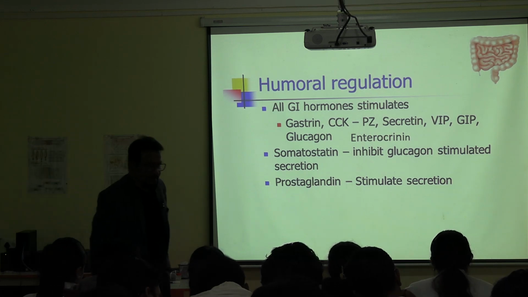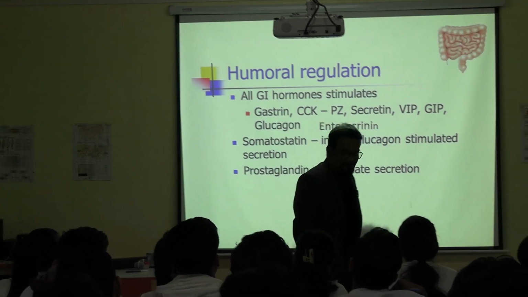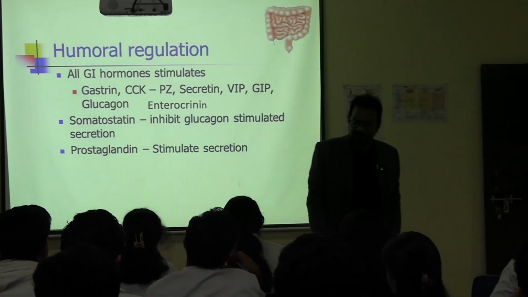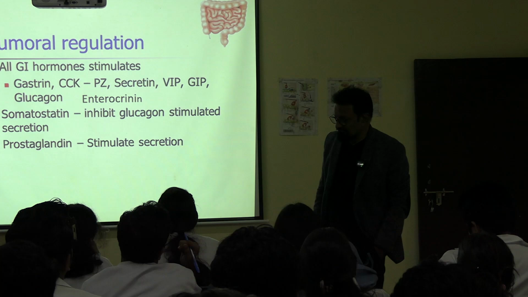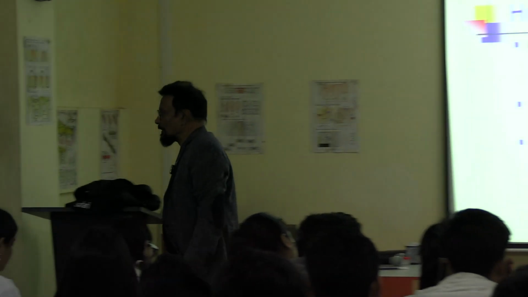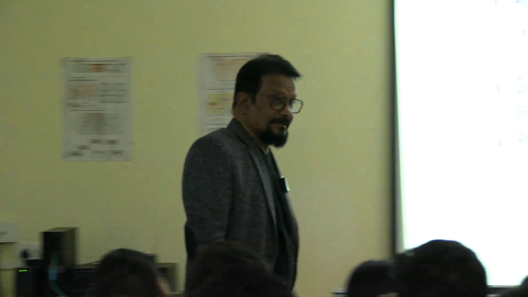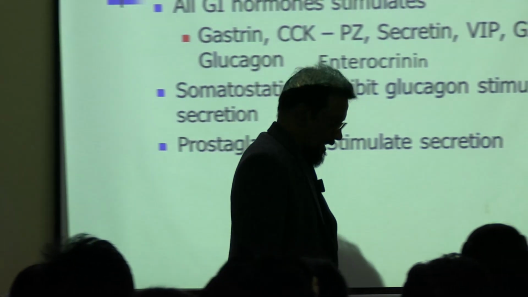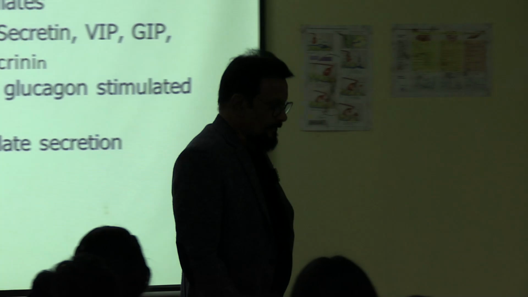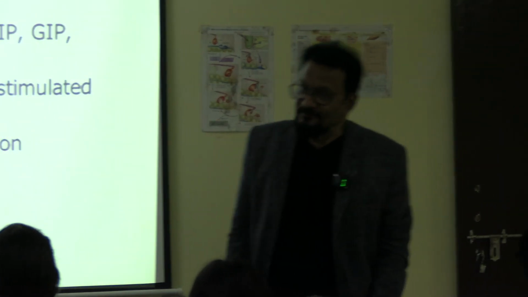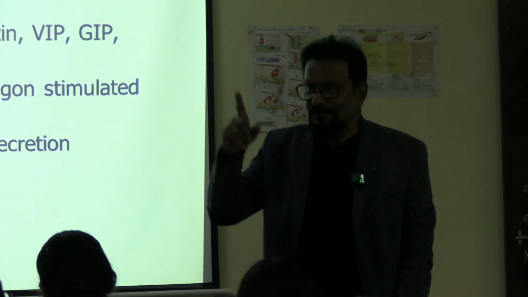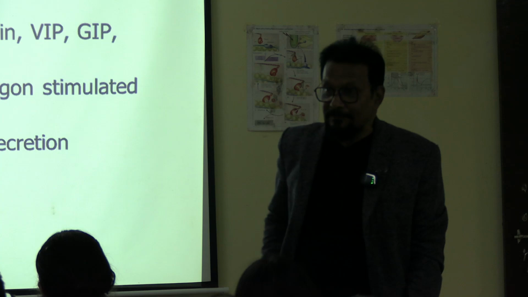VIP, understood, vasoactive intestinal peptide. And now what is GIP? Previously it was thought it is gastrin inhibitory peptide. Gastrin inhibitory peptide. Now its name has been changed, but the abbreviation is the same. What is the name?